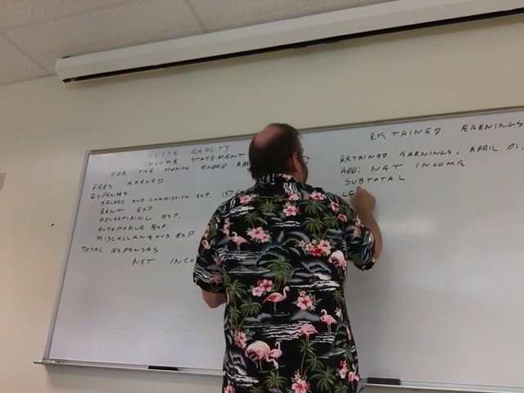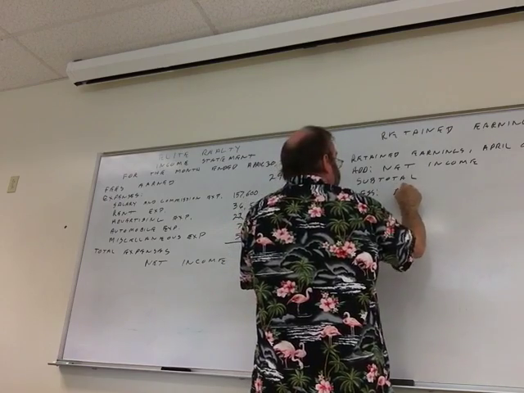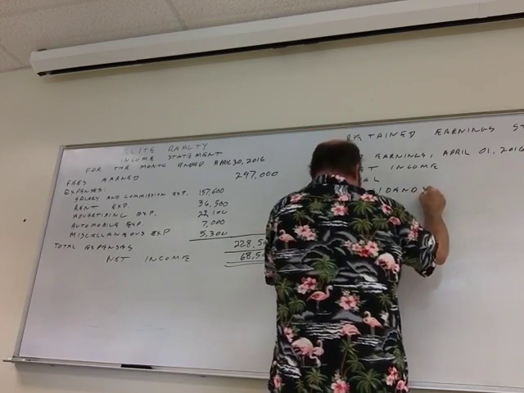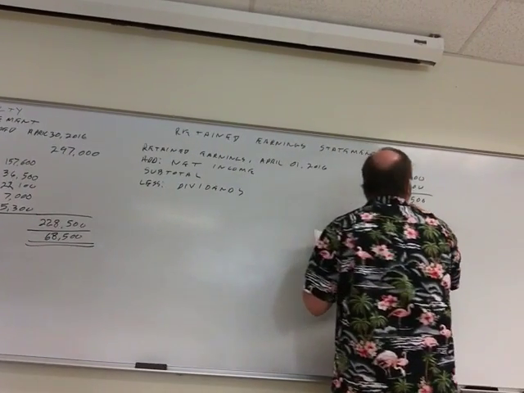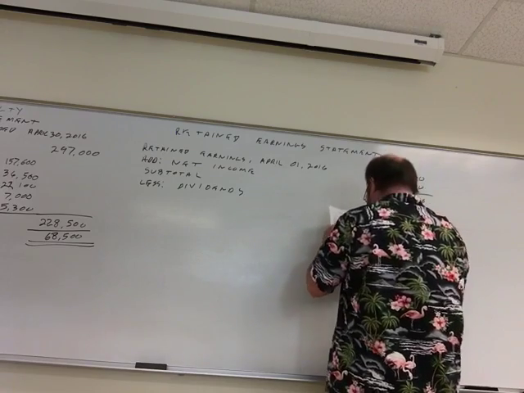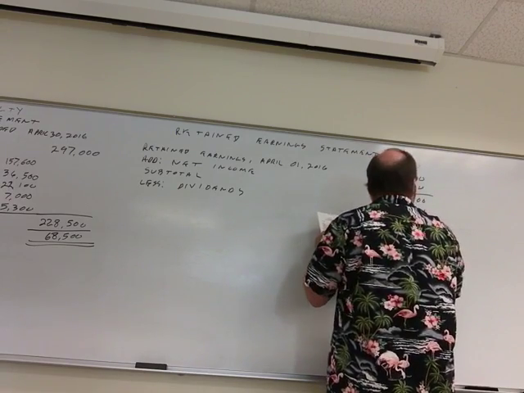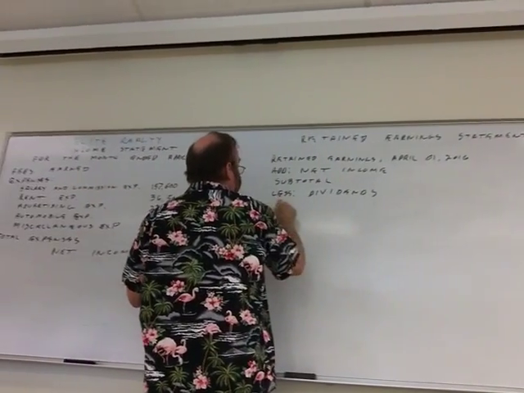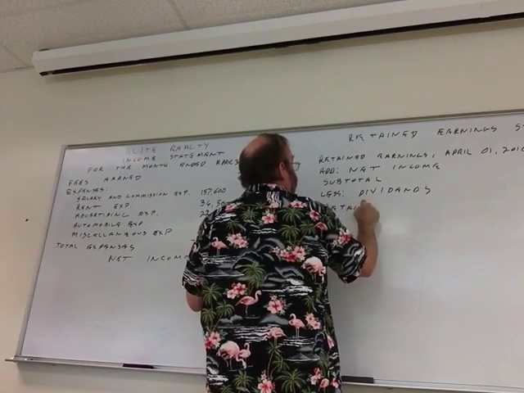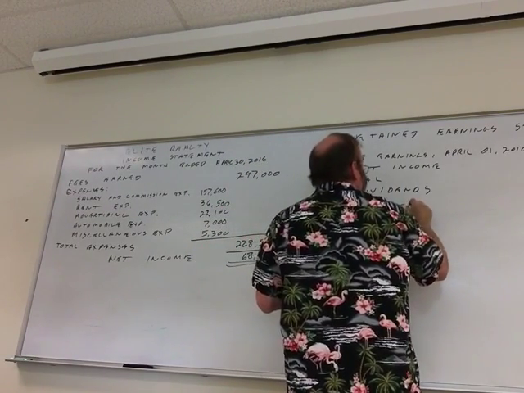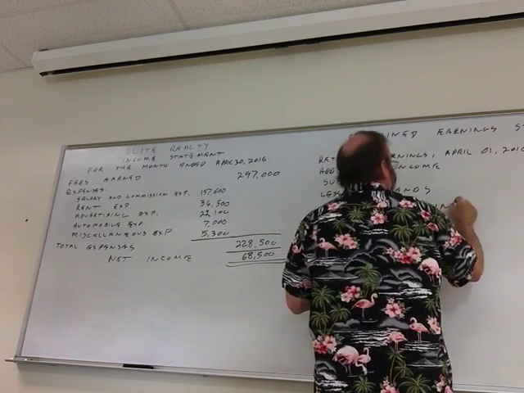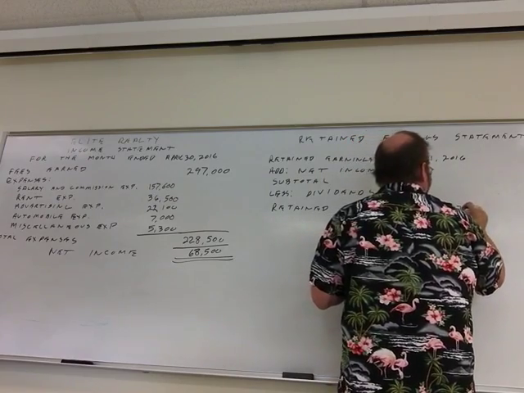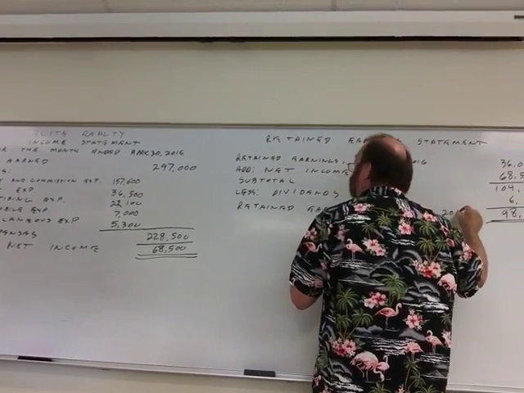And then you're going to subtract dividends of $6,000. Leaving us with $98,500 as our retained earnings balance on April 30th, 2016.